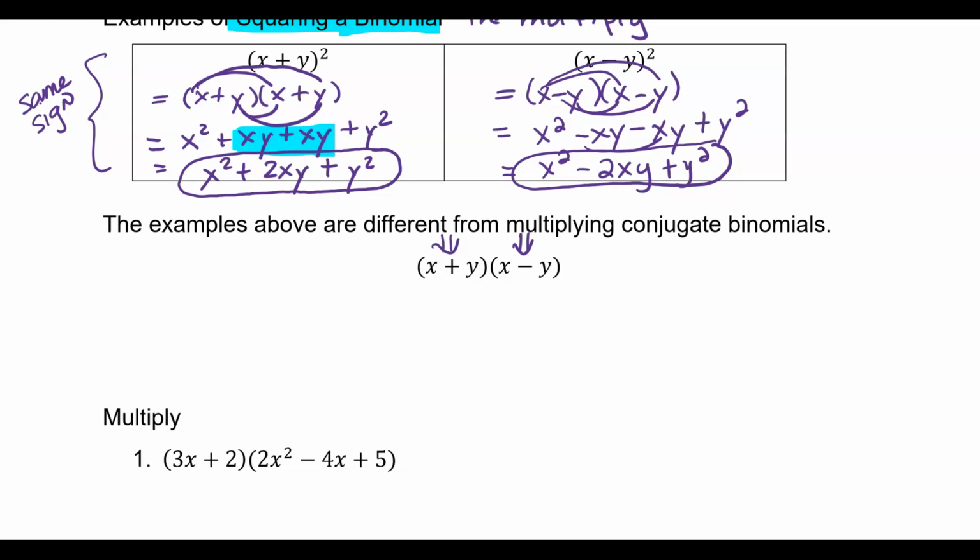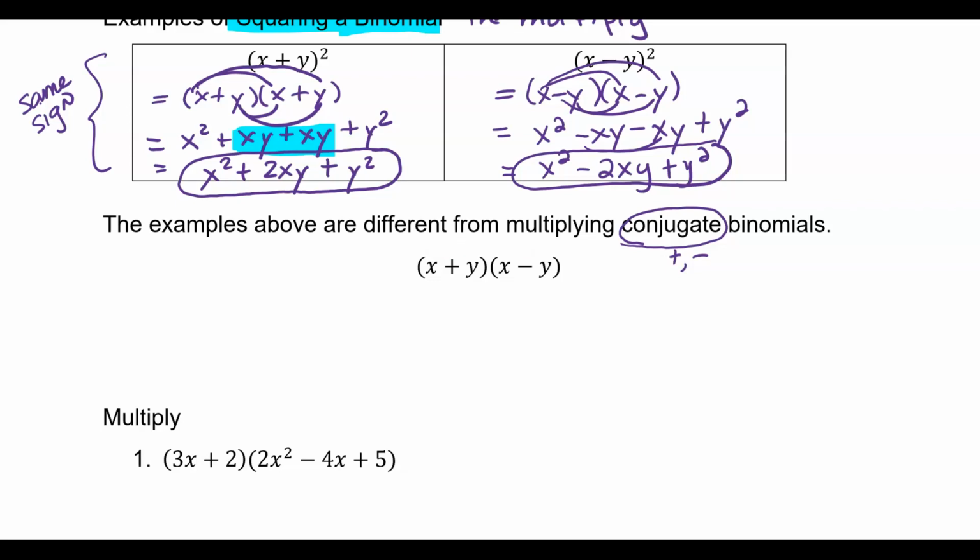They have the same variable, but with opposite signs. Those are called conjugates. When it basically is this template, we have a plus and you have a minus. Same thing, except the signs are different. So when that happens, something different occurs.